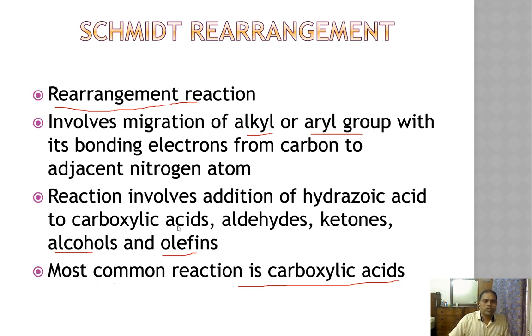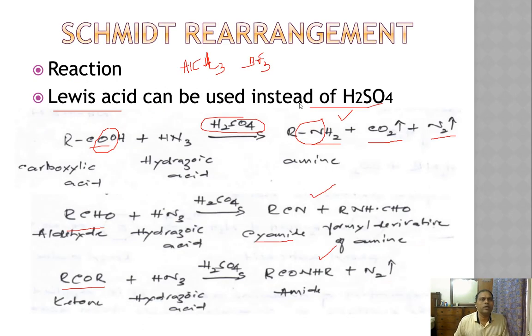And olefins also can give this Schmidt rearrangement reaction. Olefins are like straight chain carbon compounds. In the straight chain, there will be one double bond somewhere in between. Such compounds are called olefins. Even these olefins give this Schmidt rearrangement reaction.